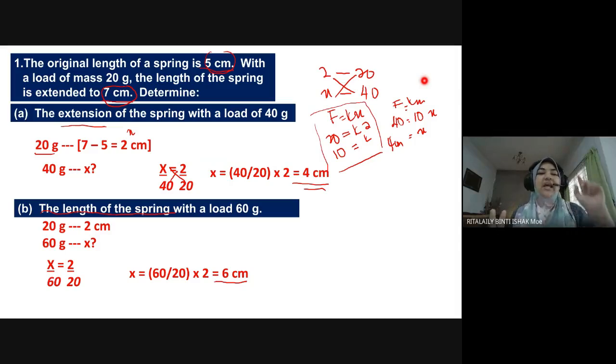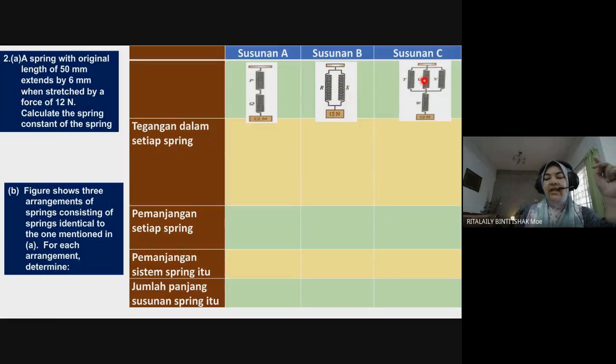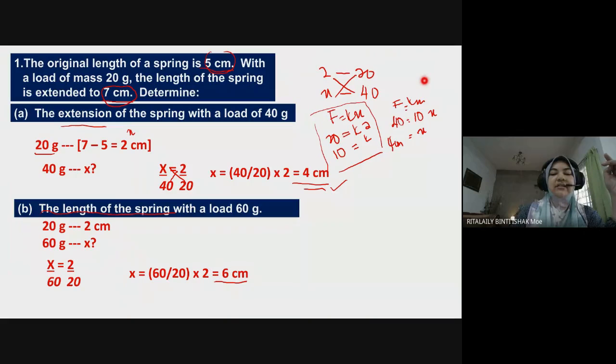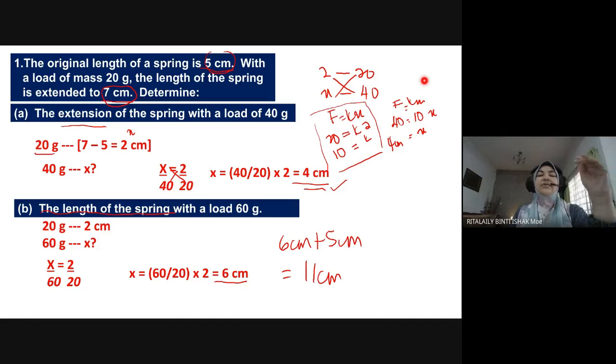A asks us to calculate the extension only, so the extension only is 4 cm. You don't have to add the original length. But for question B, the question asks us the length of spring. So you have to add the initial, 6 cm plus 5 cm, 11 cm. Okay, so there is a difference between question A and question B.